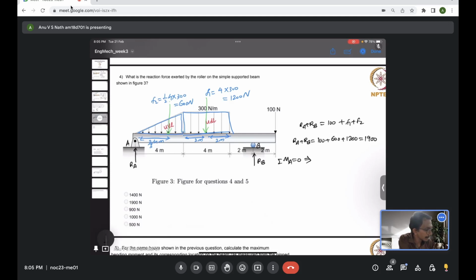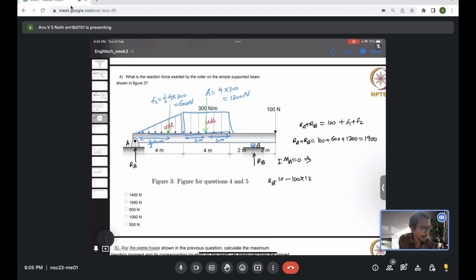The RA reaction is passing through the point A, so it does not cause a moment about point A. RB is 4 plus 4 plus 2, so 10 meters away from point A, which causes an anti-clockwise moment, and 100 Newton is 12 meters from the end A, which causes a clockwise moment.